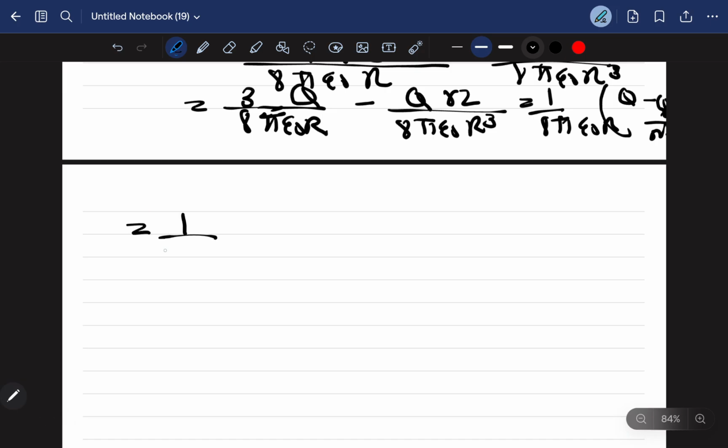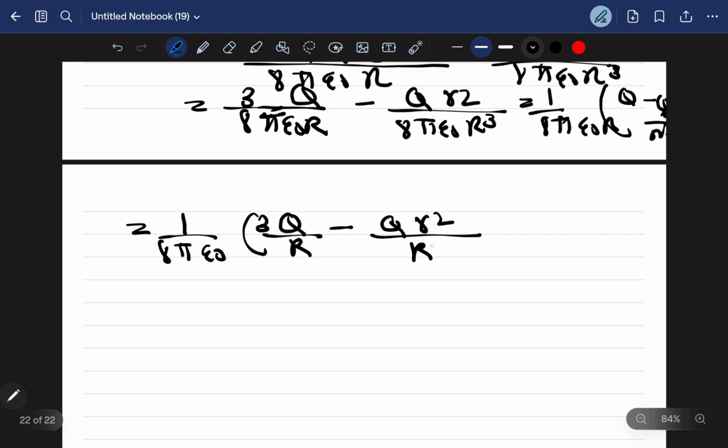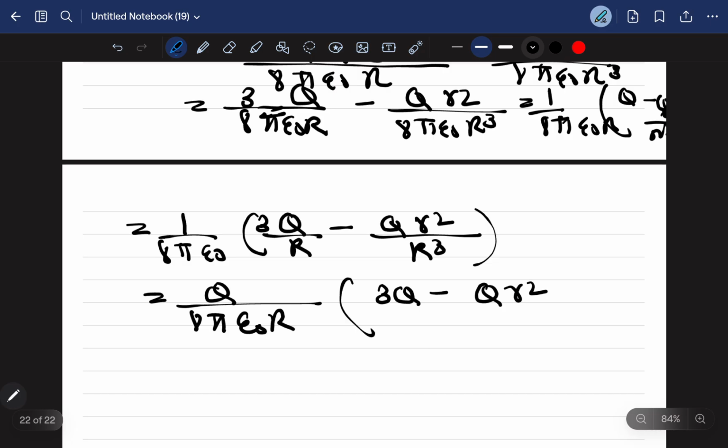So it will be equal to 1 by 8 pi epsilon naught into 3q by R minus q r square by R cube, or we can also take q and 1 by R common, q over 8 pi epsilon naught R into 3 minus r square by R square. So this is the potential at a distance r less than R.